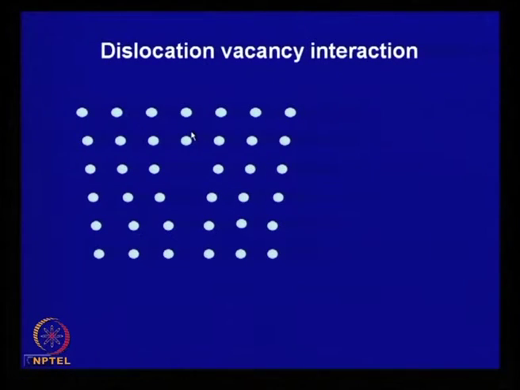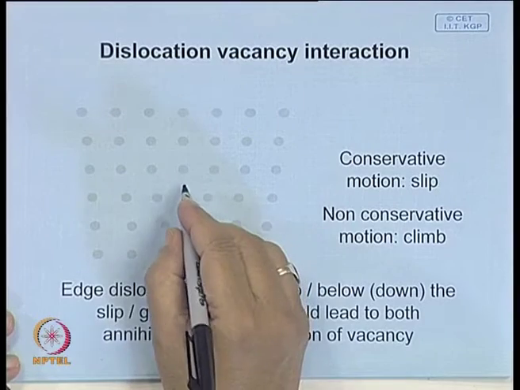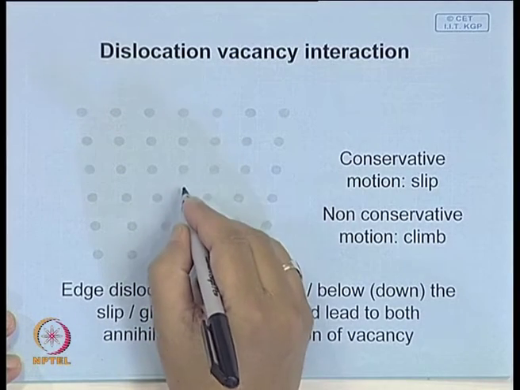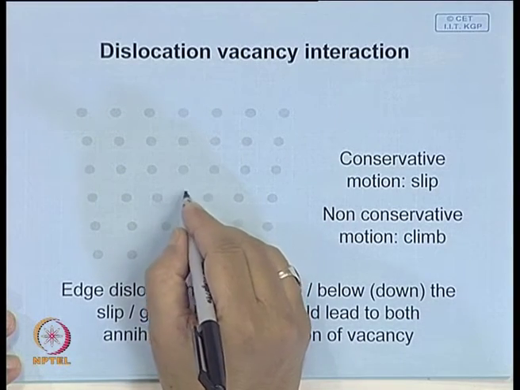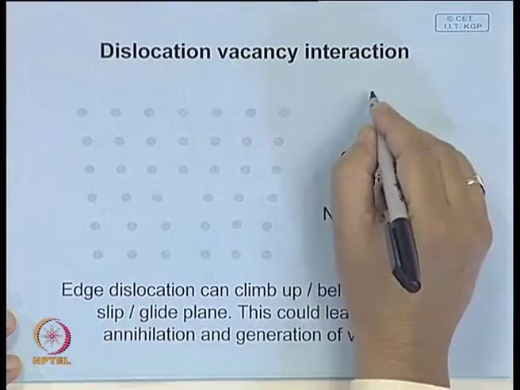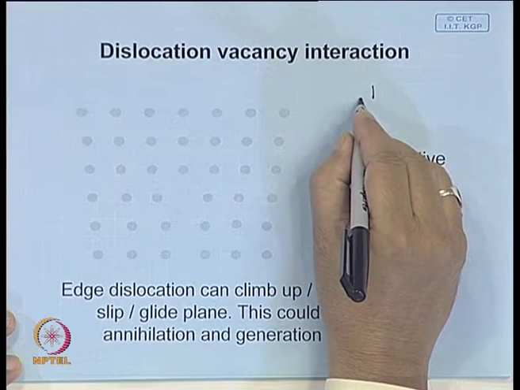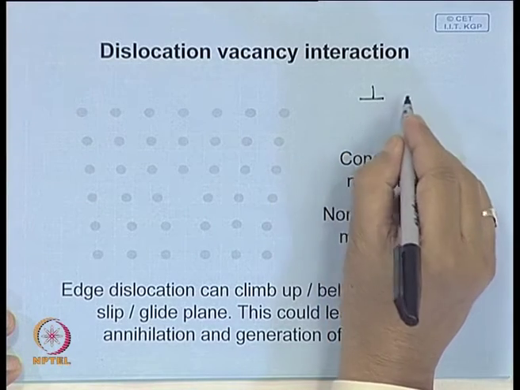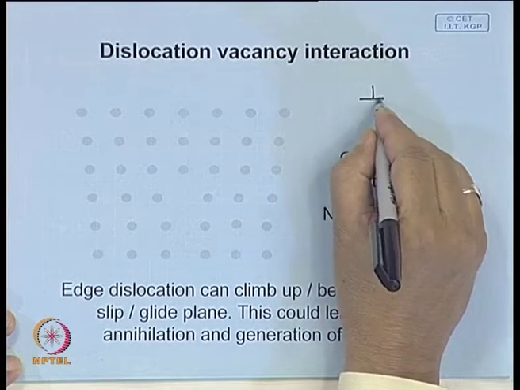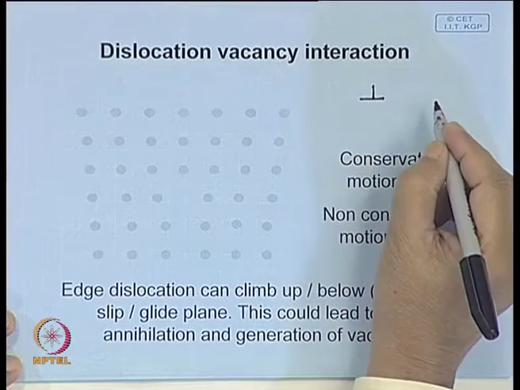We call this a non-conservative motion of dislocation. Why? Suppose in this particular case this is a vacant space. Normally, edge dislocations are represented as an extra plane of atoms. This is the glide plane, and this is that extra plane.